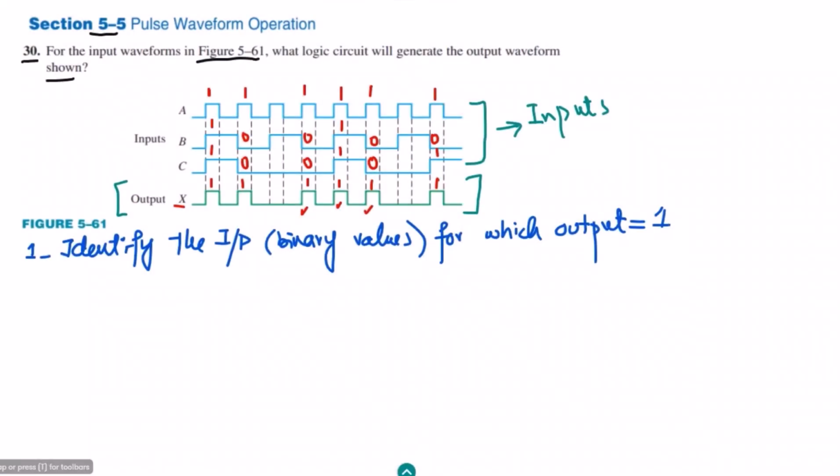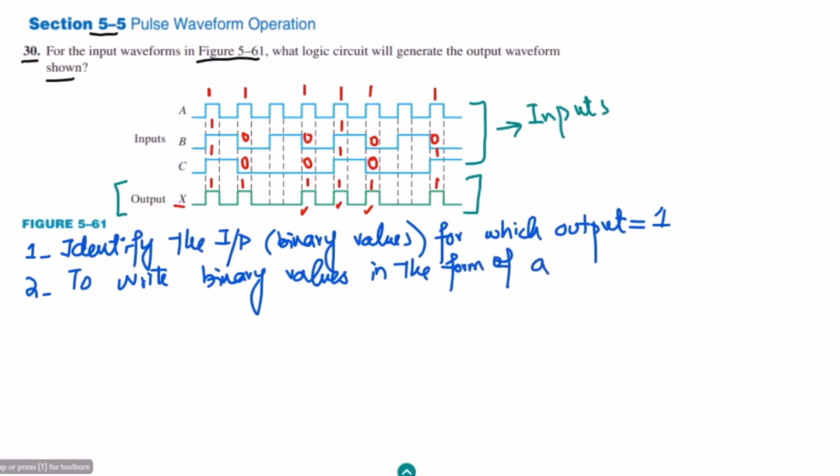So the second step here will be to write the identified binary values in the form of a truth table.